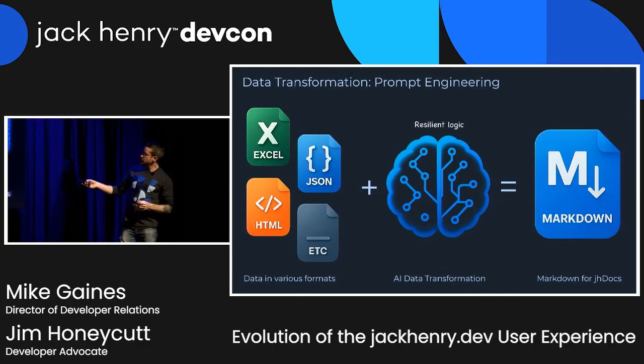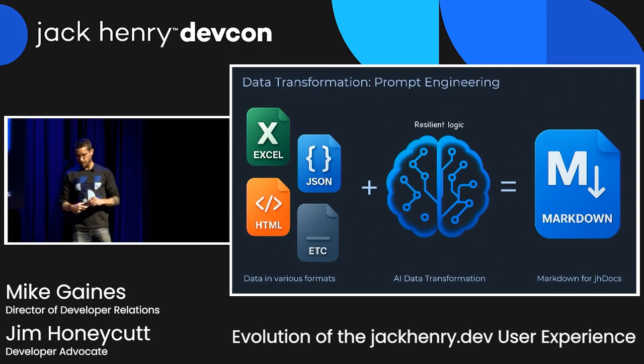And that data comes to us in Excel spreadsheets, JSON files. There are full HTML documents that come to us from tech writers that we have to embed into the middle of the markdown. I call that the turducken approach because we're stuffing HTML inside of markdown. I hate that, but we have to do that. So all of this data comes from these different teams like that, but we need to turn that into actual content. So how are we doing that?